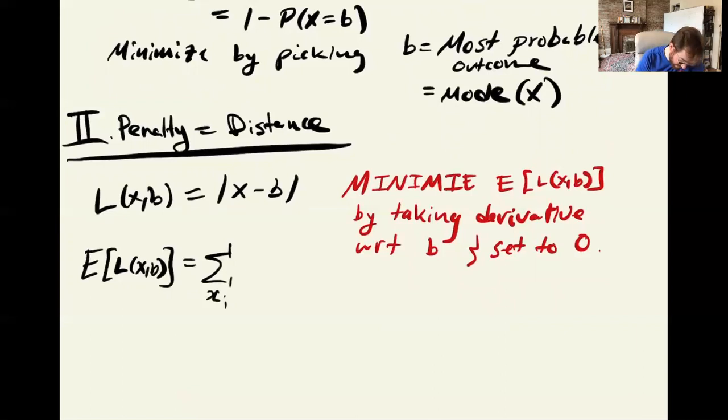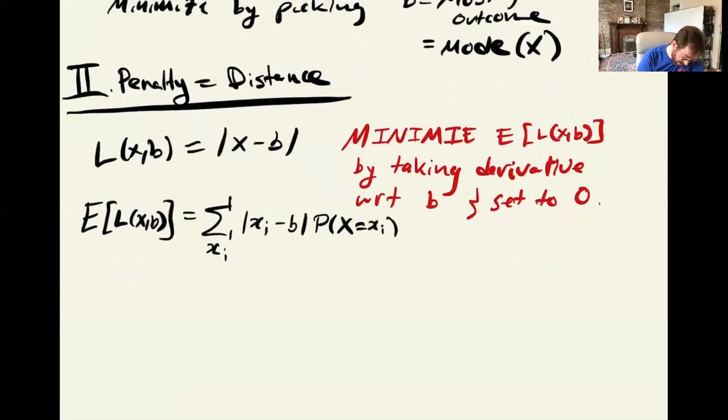So I have the sum over xi of |xi minus b| times the probability that big X equals little xi. So that's our definition of the expected loss.